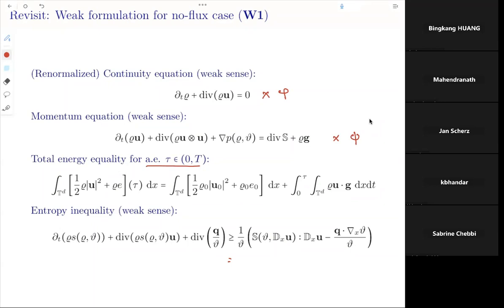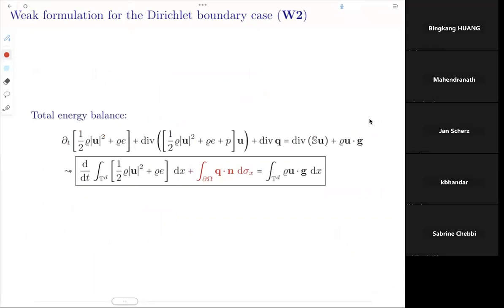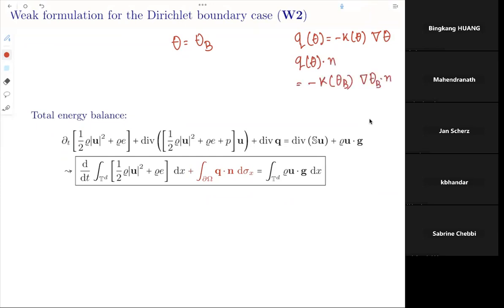Now, we want to have a weak formulation for our setup. Our setup is that theta is basically theta B on the boundary. So if you consider Q of theta given by minus kappa of theta times the gradient of theta, then Q of theta dot n on the boundary will be given by this function of theta and beta, something like that.